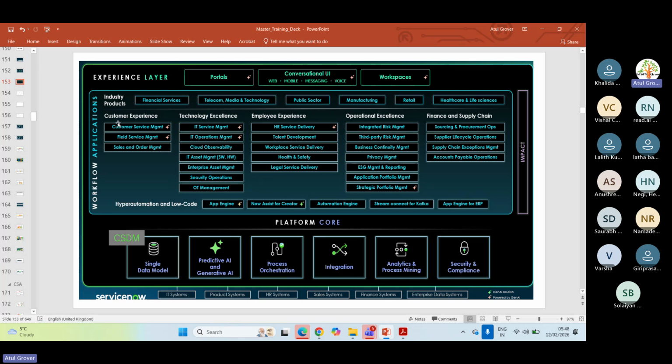Any of these workflows a customer wants to purchase, they will be using the CSDM data model, or single and unified data model. So this is a base.